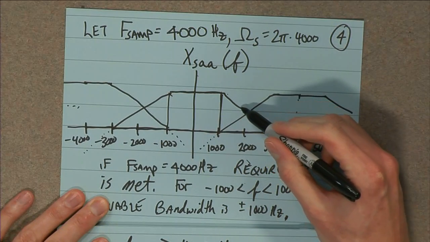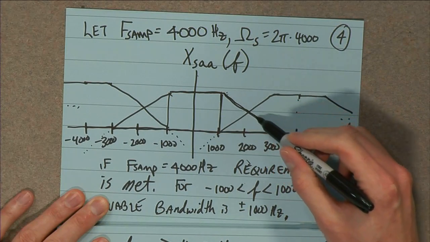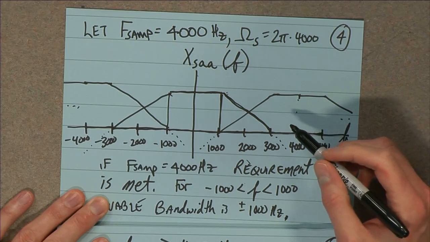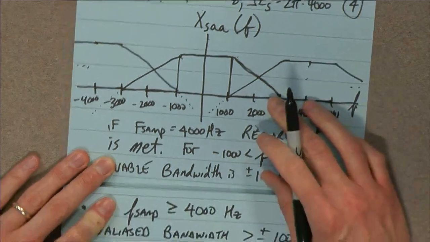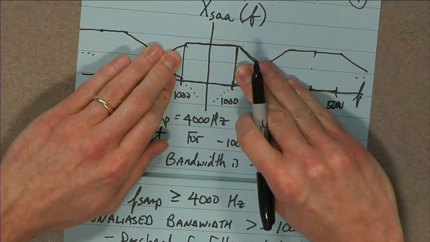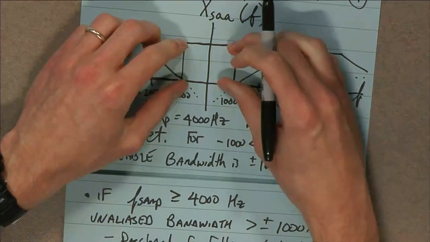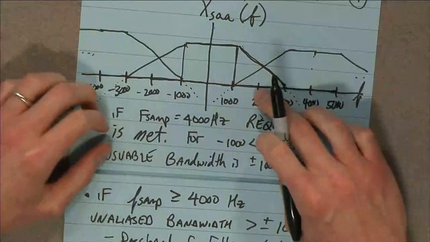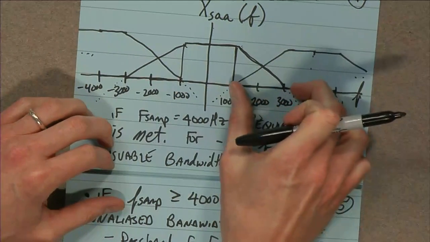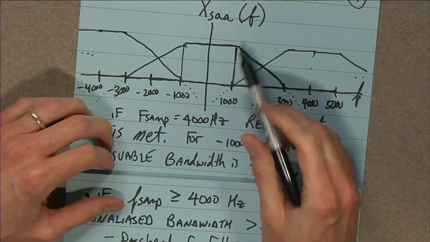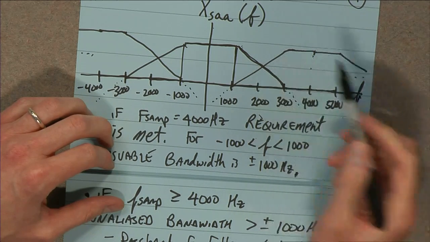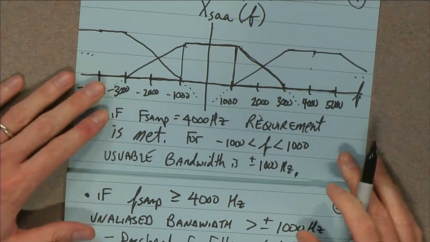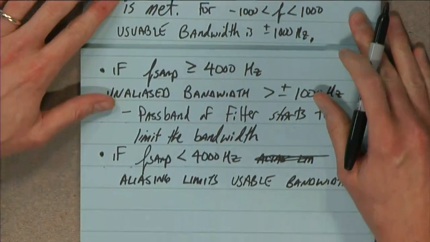Well, the skirts of this filter had the slope that it had. Suppose this was an ideal filter, then how fast could you sample? You could sample a lot less because it's perfect, right? You could move it over and sample at 2,000 hertz, and you'd be fine because it's a perfect filter. The slope is infinite. But we're talking about practical filters, so we can't do that.